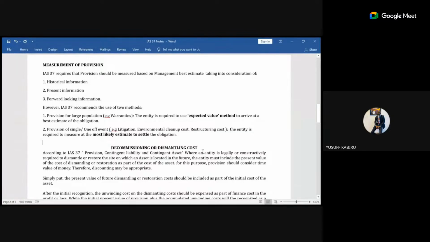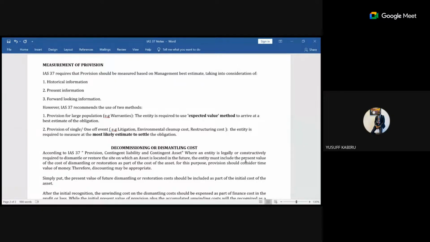Now, according to IAS 37, provisions and contingent assets, where an entity is legally or constructively required to dismantle or restore the site on which an asset is located in the future, the entity must include the present value of the cost as the cost of the asset.